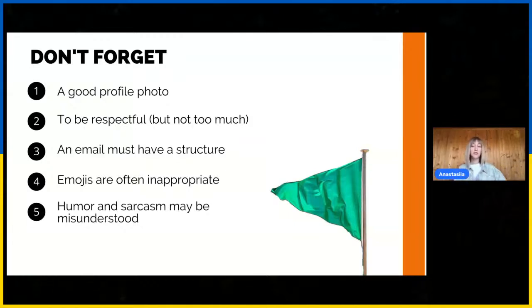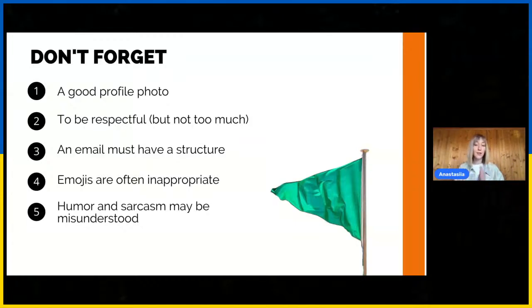And as for humor and sarcasm, sarcasm is usually totally inappropriate. As for humor, sometimes it's good, but here you should think whether your culture is the same as that person's culture, whether you have the same traditions, same religion even, whether you are from the same country, or maybe you have two totally different mindsets.